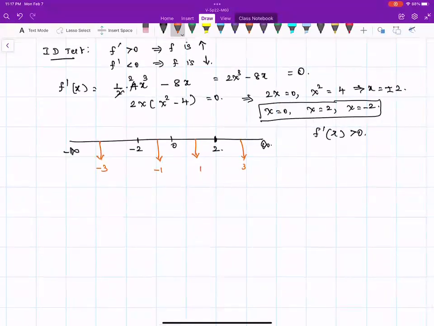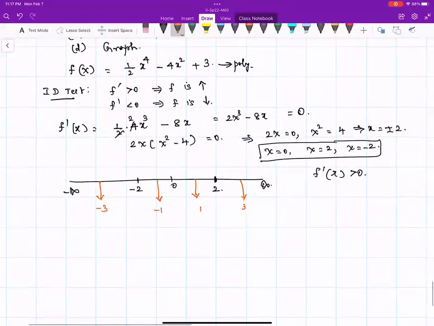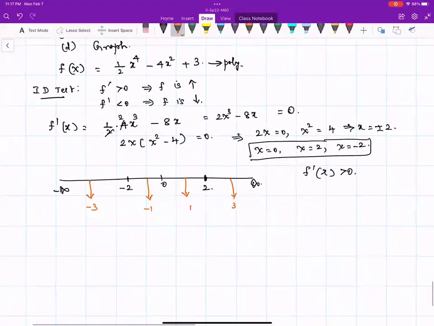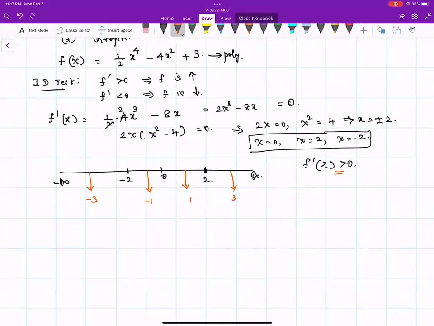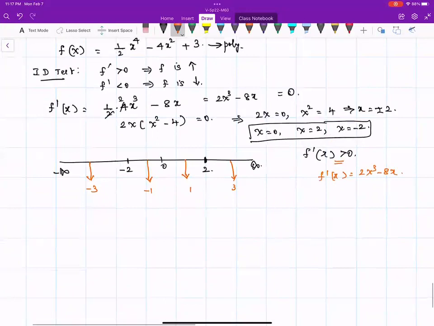We are going to substitute into f prime of x, which we computed as 2x cubed minus 8x, to see whether f prime of x is more than 0 or not.